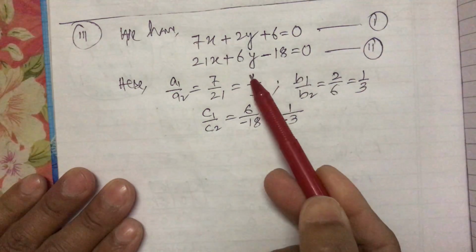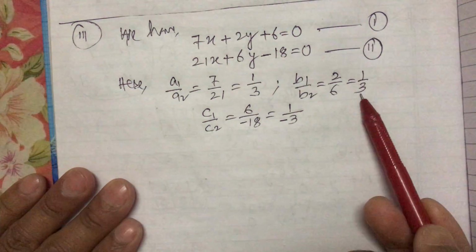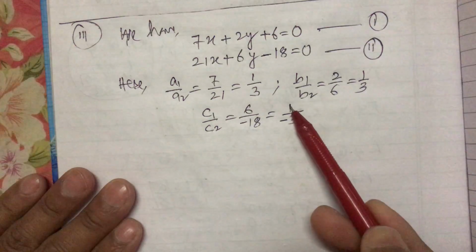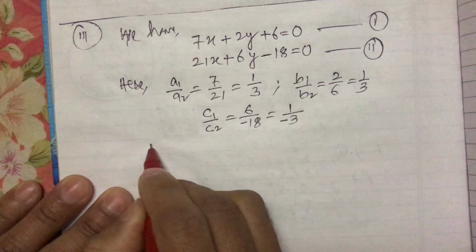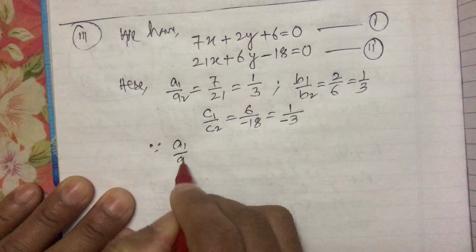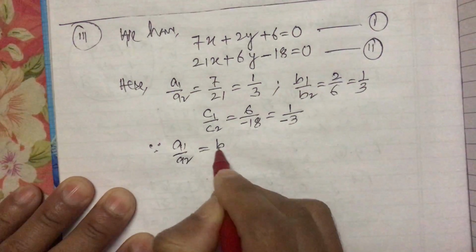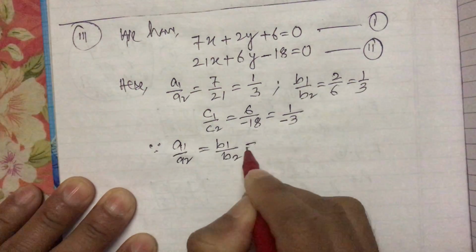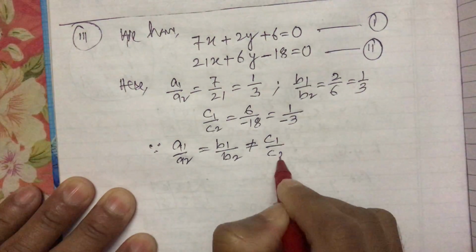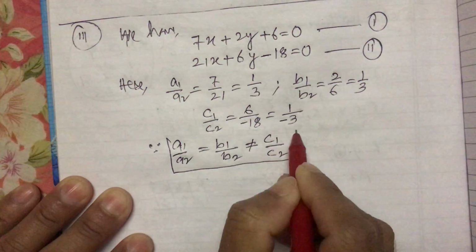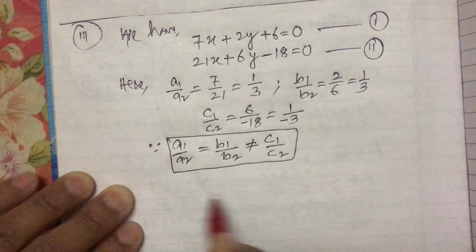Now we find here 1 by 3 is equal to 1 by 3, but this is not equal to 1 by minus 3. So I can write since a1 by a2, this condition is very important to write, b1 by b2 is not equal to c1 by c2. Okay, this condition is very important to write here.